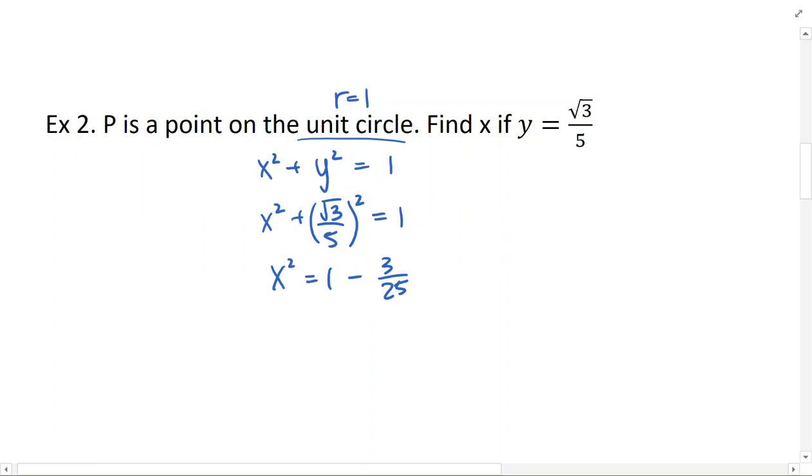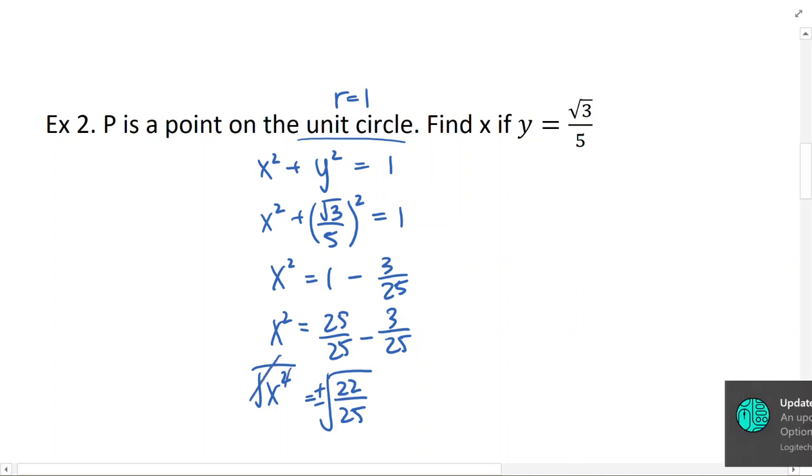Now, since it's a fraction, we need common denominators. So x squared equals (25 minus 3) over 25. And we're looking at x squared equals 22 over 25. Now square root both sides. Remember, when you square root both sides, it is a plus minus. The squares are gone.